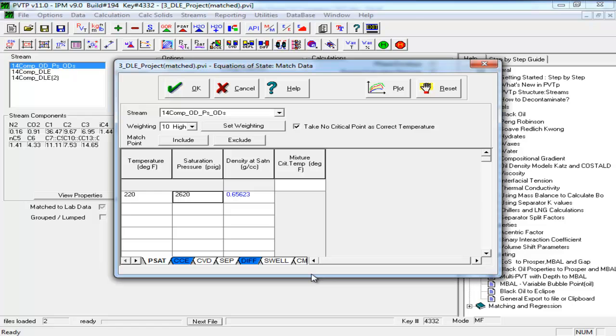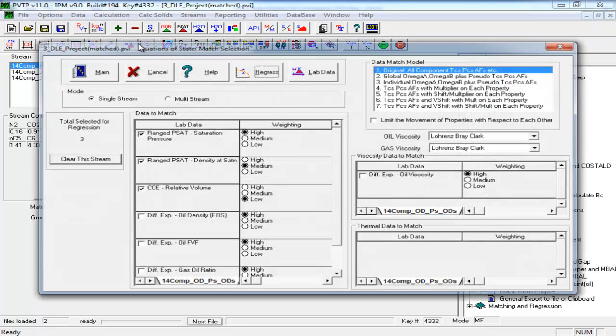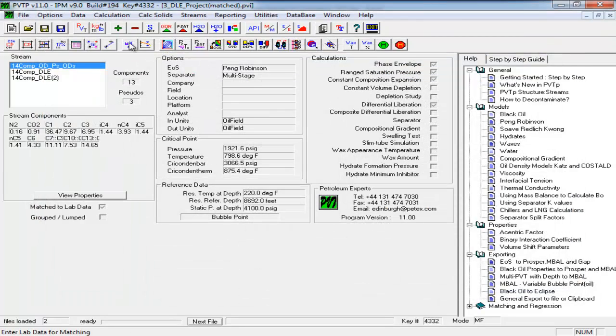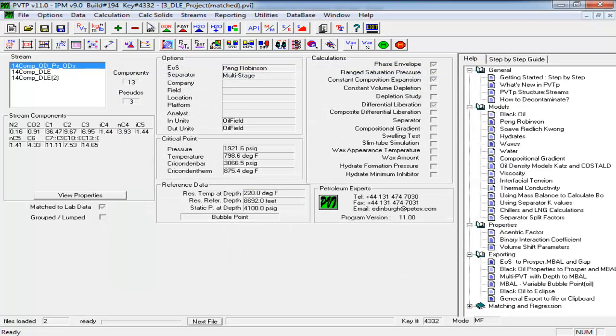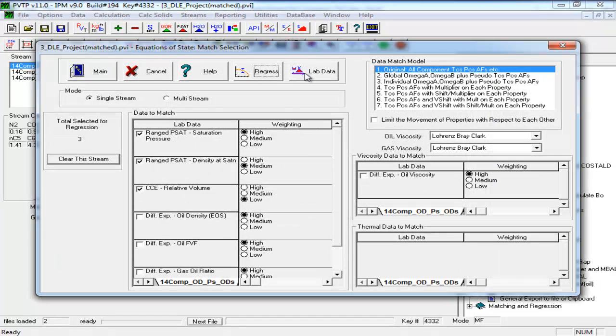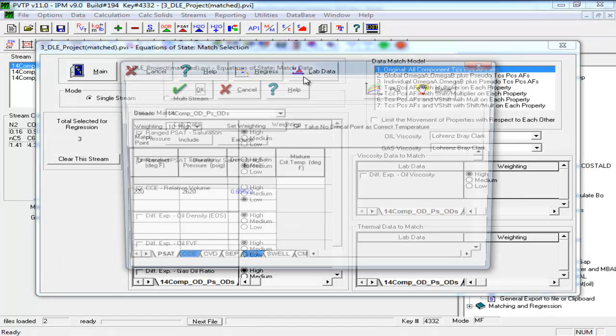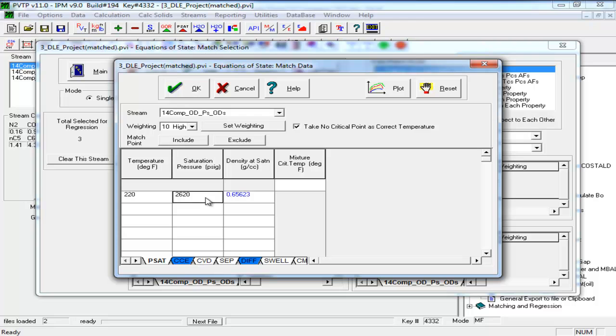For the next step, you're not supposed to change the weight. That's it. Let's say, okay, either from here, where we enter our lab data, or we can go back to this window from here. It's the same.